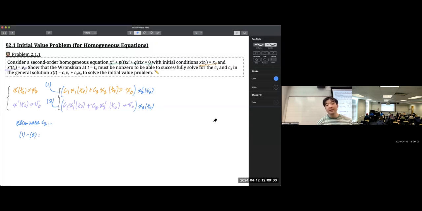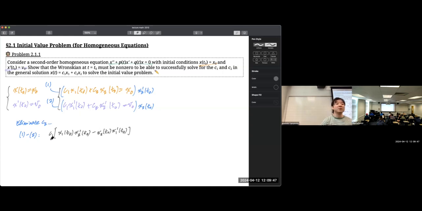The C2s will cancel, so there's going to be this C1 multiplied by x1(t naught) times x2 prime(t naught), minus this x2(t naught) times x1 prime(t naught).